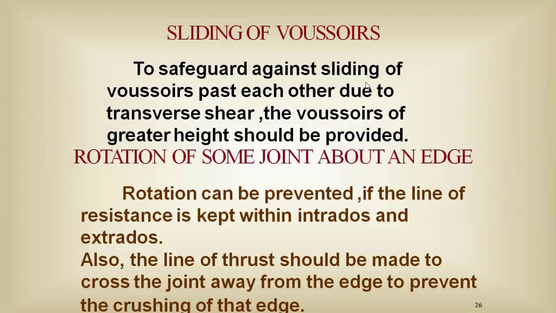Next is the rotation of some joints about an edge. This type of failure can be prevented if the line of resistance is within the intrados and extrados. It is also necessary to ensure that the line of thrust crosses the joint away from the edge. This should be within the middle 1/3 of the height of the arch.